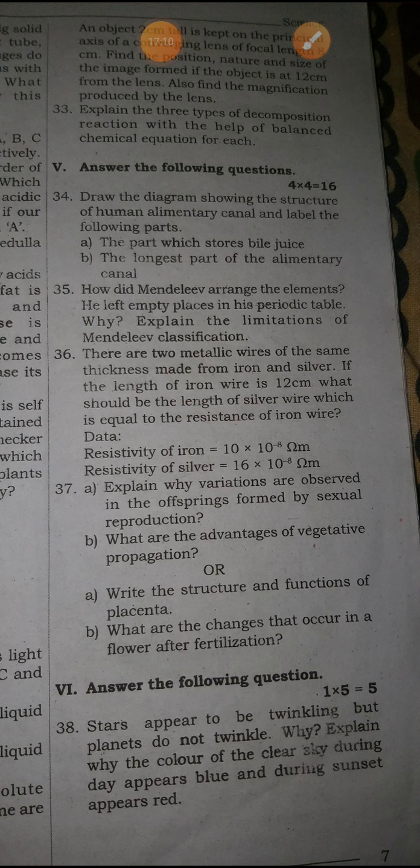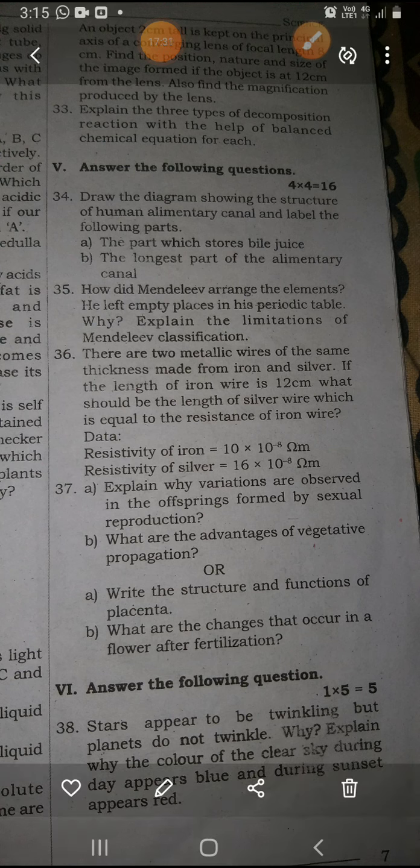Second point: position of isotopes was not clearly mentioned.